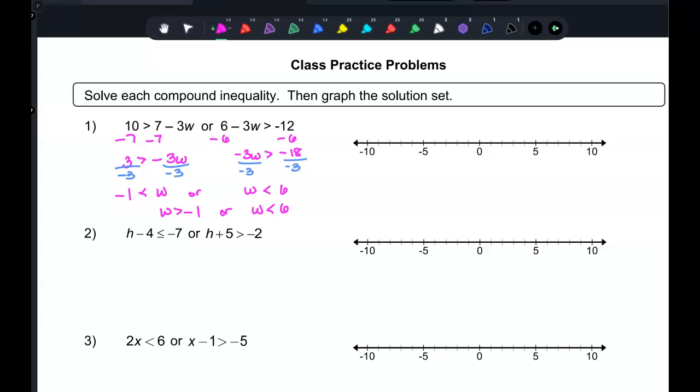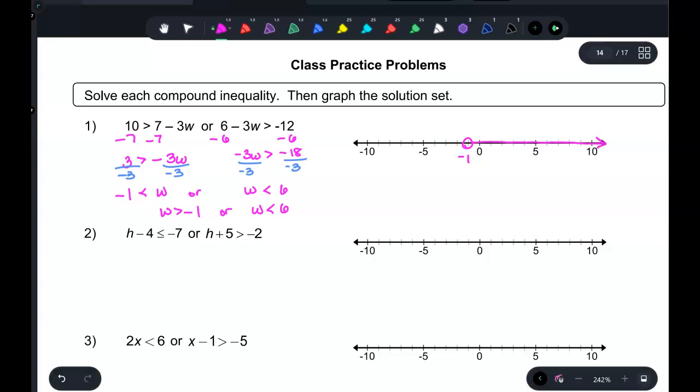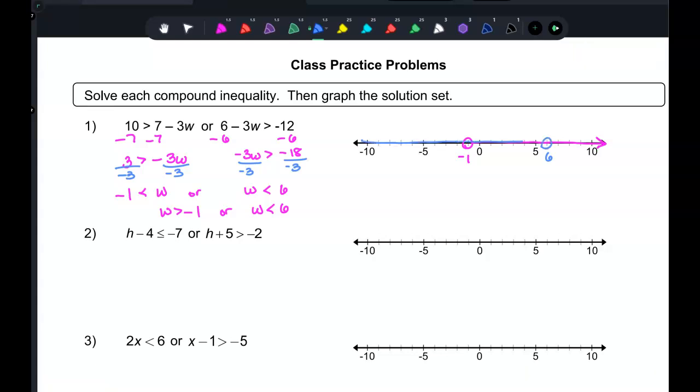Remember, I always want to rewrite it so that the variable's on the left side. So I want greater than -1 or less than 6. I don't have enough space to write all this, so use a separate sheet of paper. Okay, what do we notice this time? It overlaps the whole number line.